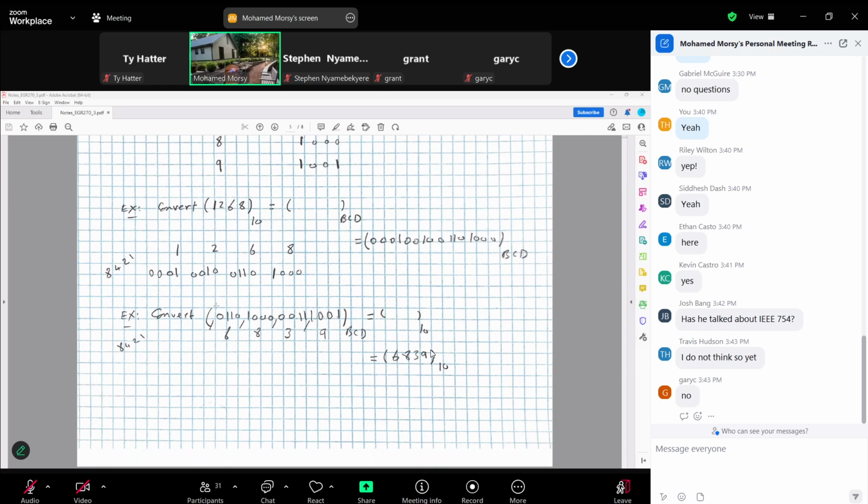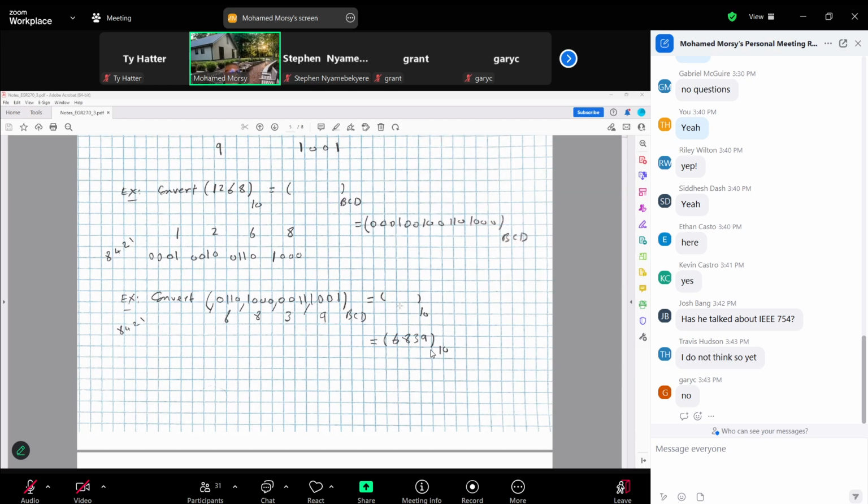If we have a BCD code and need to convert it to a decimal number, again we divide it into groups, each group 4 bits, with the corresponding decimal number. 1001 is 9, 1100 is 3, 0001 is 8, 0110 is 6. So it is 6839.